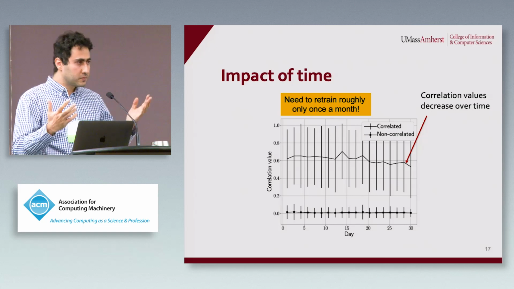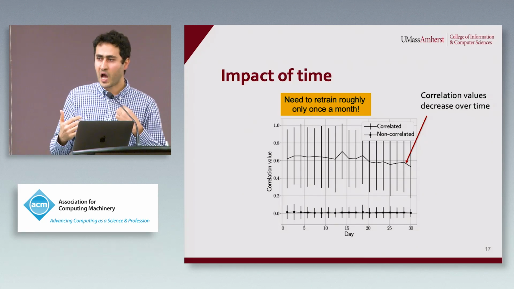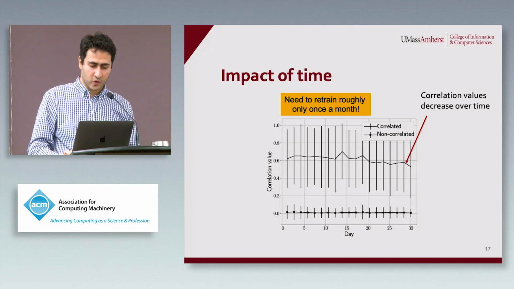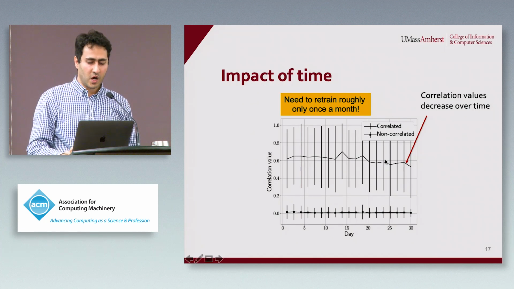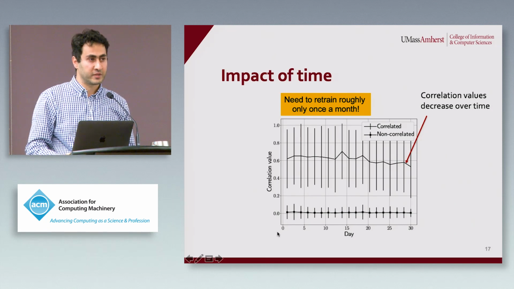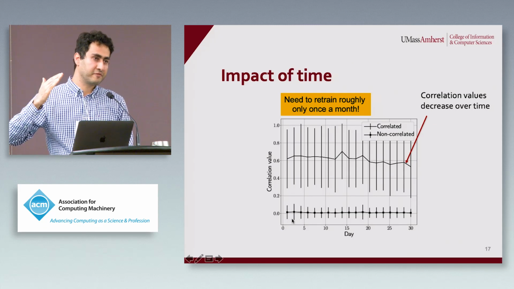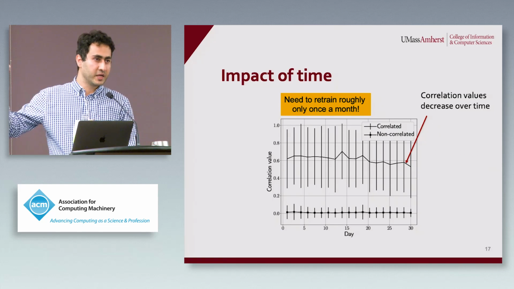All right, so one important question, if you design any learning system, is how often you have to retrain the system. This graph shows the correlation metric over time. We use a model that we trained on day 0, and then we test on connections that we have made on different days.